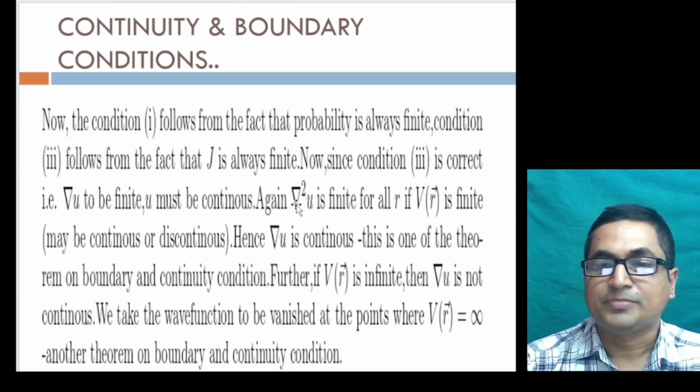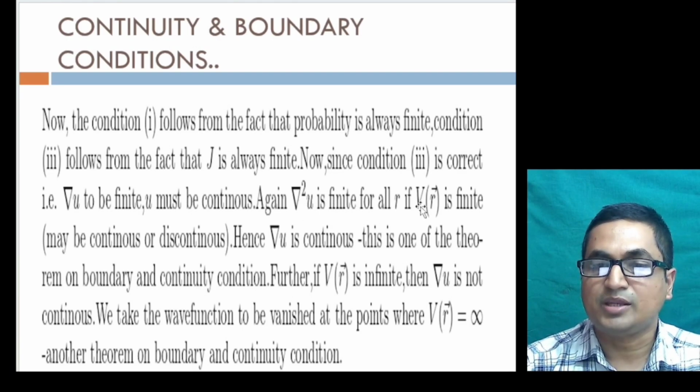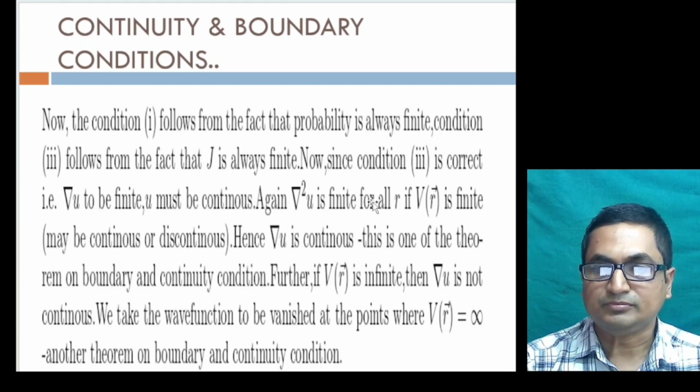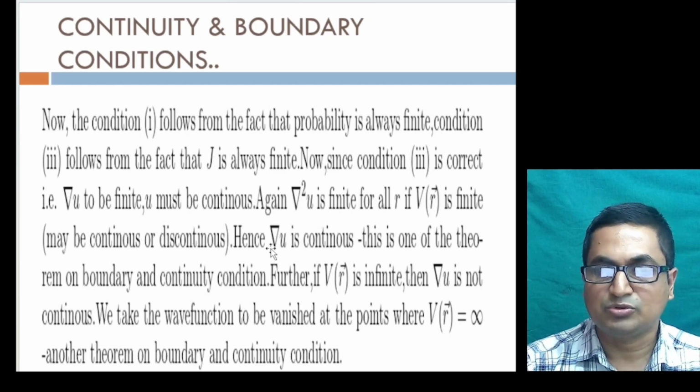And again, nabla squared u is finite for all values of r if V(r) is finite. V(r) is finite because it is related to kinetic energy, or to the expression in the Schrödinger equation. So since this is finite, nabla squared u is finite, so this must be continuous.